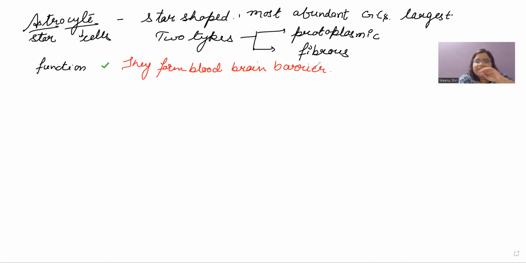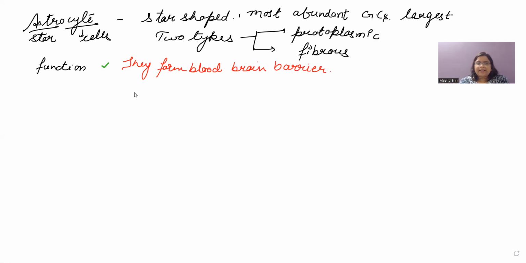Astrocyte cells form a check mechanism: anything which goes towards the nervous system from the blood, the astrocytes first check those compounds, nutrients or ions, and afterwards they allow them. So they form a barrier system between the blood and the brain, so that ions and nutrients can be regulated, because our nervous system is very sensitive.